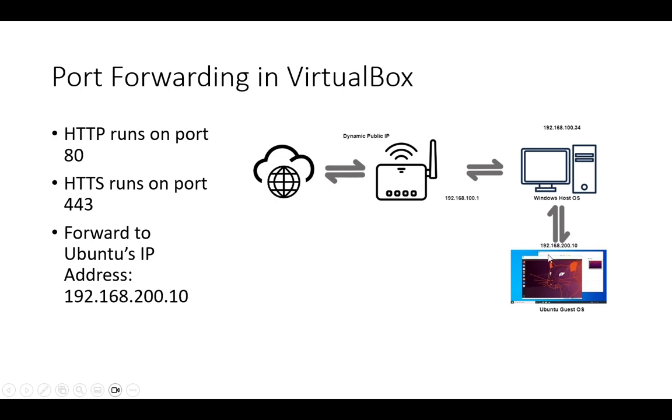And then what happens next is we will port forward any HTTP request from our wireless router. And then from our public IP address, we are going to access the Ubuntu guest host using port forwarding.